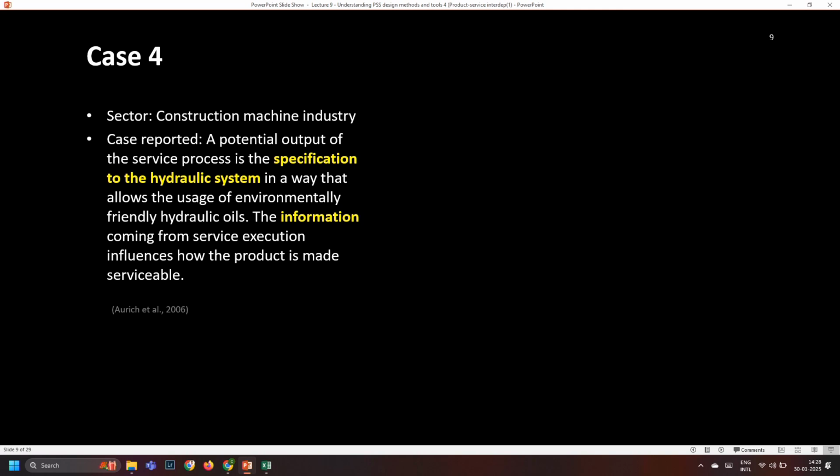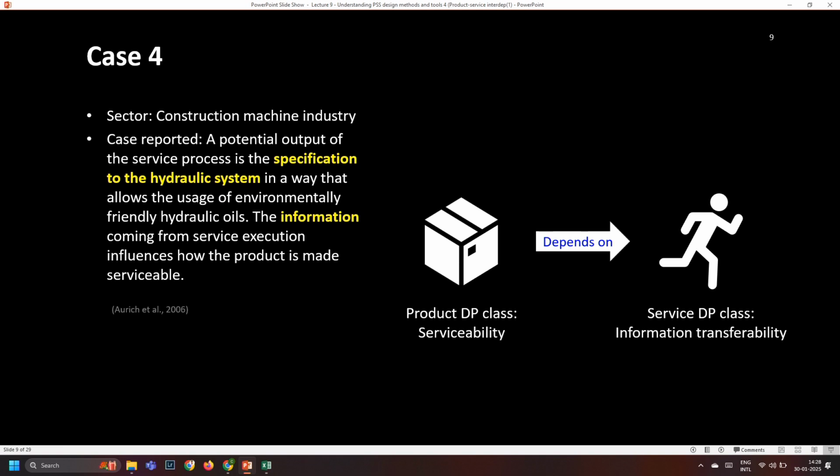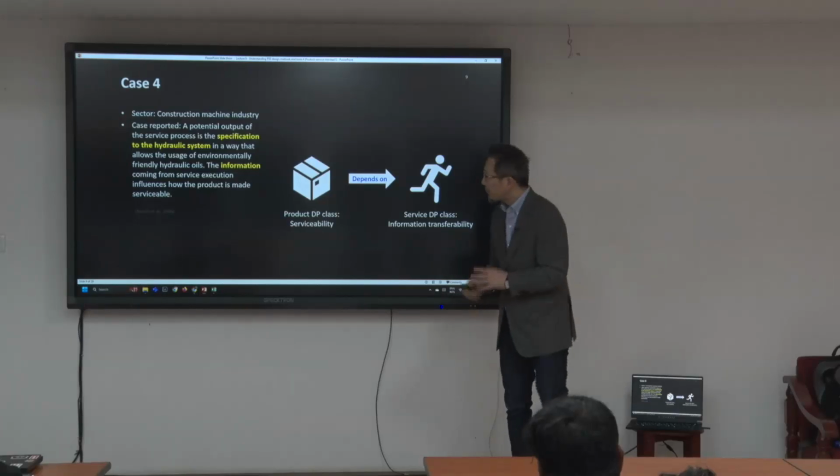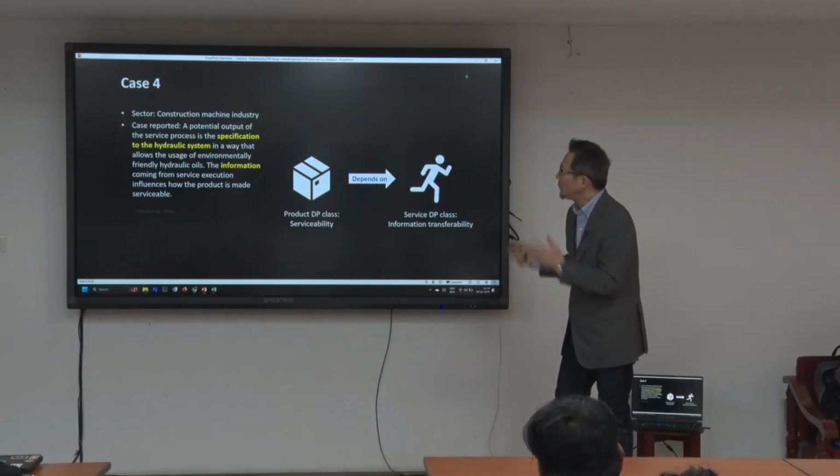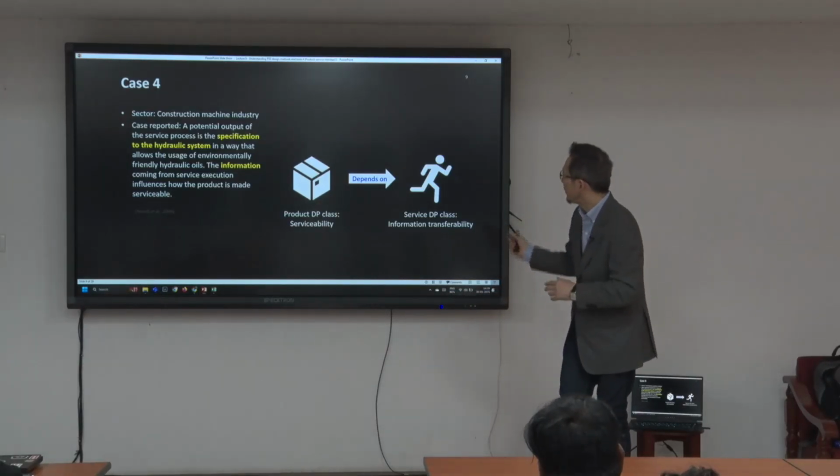Next case from construction machine. The product design, in this case, the research work addressed the specification for the hydraulic system of the construction machine. That specification for the product design depends on the information coming from the service execution.